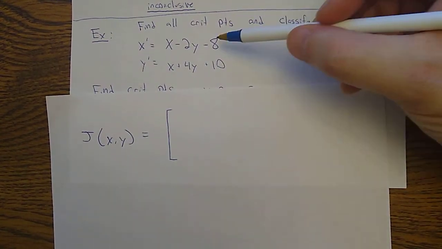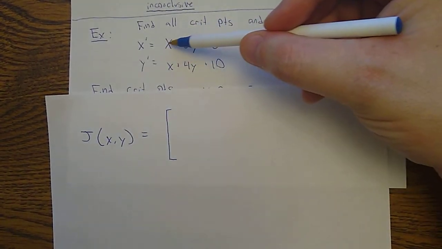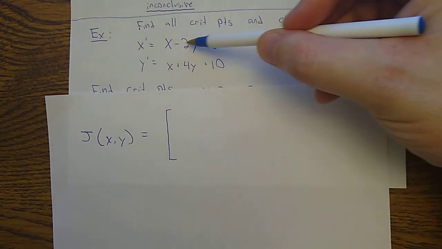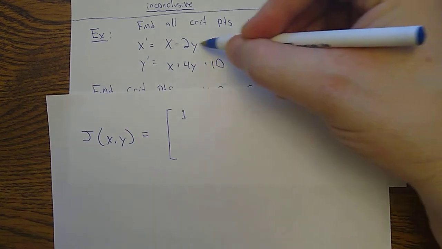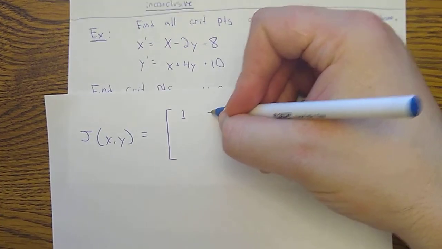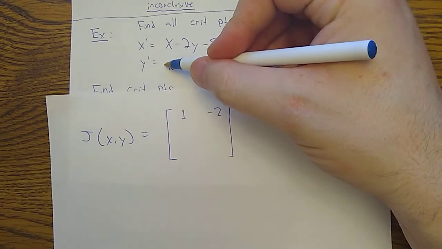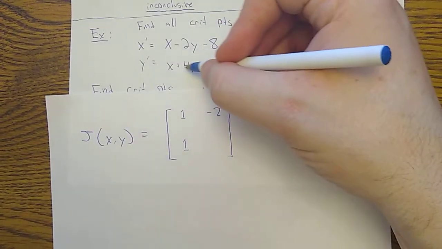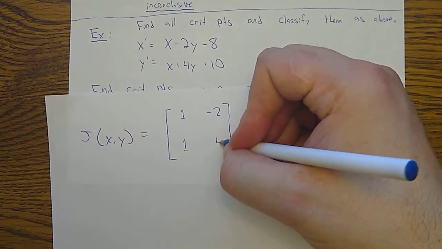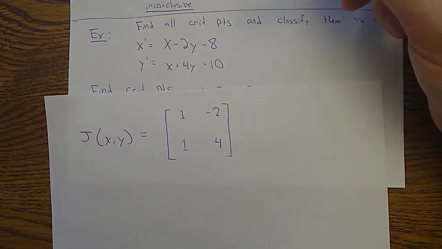I'm filling it in, so it's this matrix of partial derivatives. I take this, partial with respect to x would just be 1. Partial with respect to y would be -2. Partial of this with respect to x would be 1. Partial of this with respect to y would be 4.